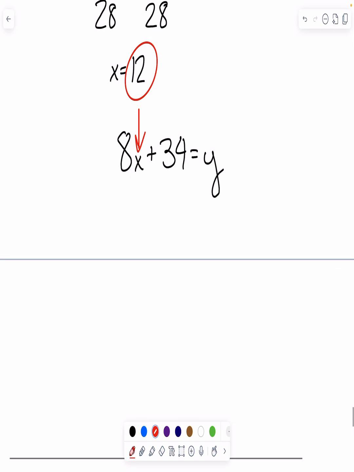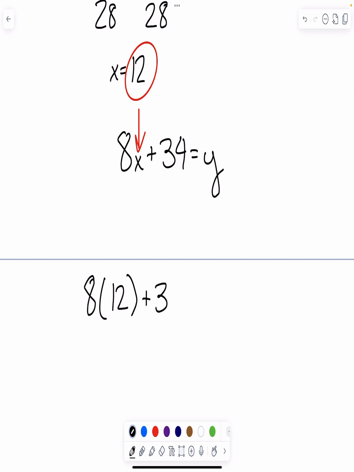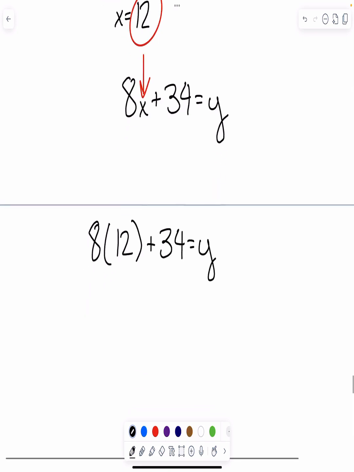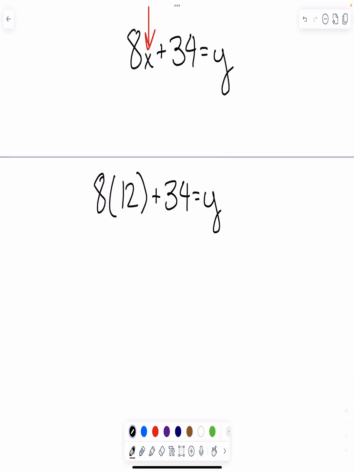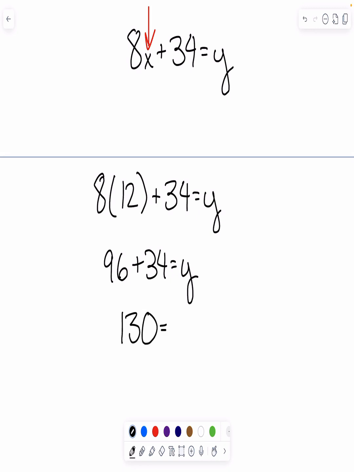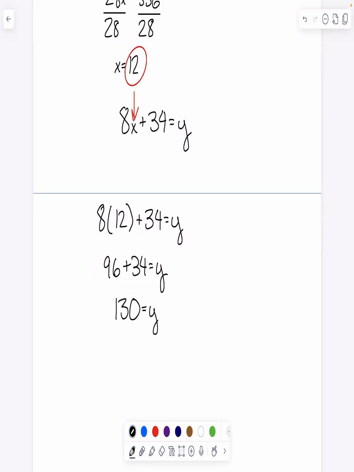And so this will come out to 8 times 12 plus 34 equals y. 8 times 12 is 96. 96 plus 34 is y. And 96 plus 34 is 130, which equals y.